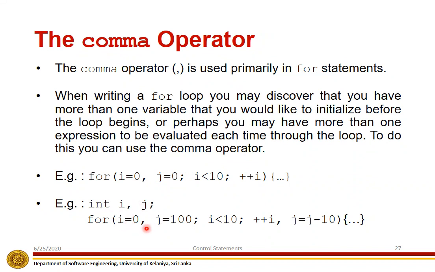Then for the initialization expression, i equals 0 comma j equals 100, and a semicolon is used to end the initialization expression, and then the loop condition i less than 10, which is also terminated, and the update expression, where I have used ++i comma j equals j minus 10, and the rest of the loop.